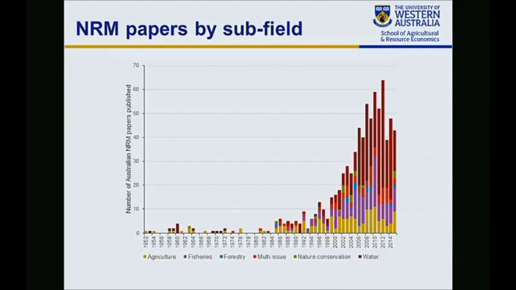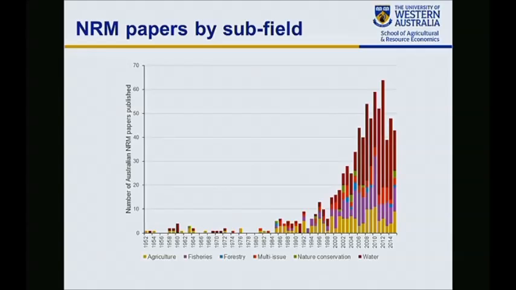So we've seen this graph already in totals. If I break them down into those categories, you can get a bit of a sense of how the categories have changed over time. In the first 30, 40 years, there was a mixture, predominantly of agriculture and water, but more agriculture. But in the last 20 years, there's been by far more research done on water.